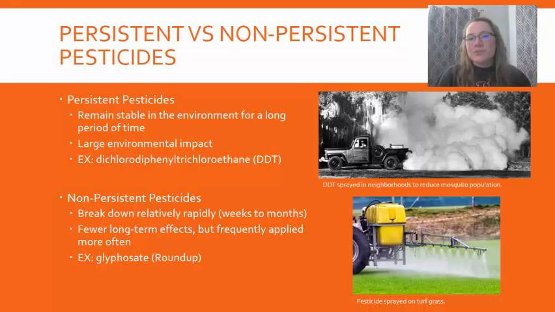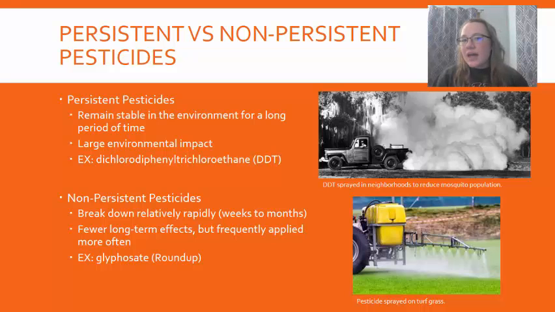Now, a non-persistent pesticide is not nearly as detrimental as a persistent pesticide in the short term. A non-persistent pesticide breaks down relatively rapidly and becomes inert, and this happens in the period of weeks to months. Because it breaks down faster, we're going to find fewer long-term impacts from this.